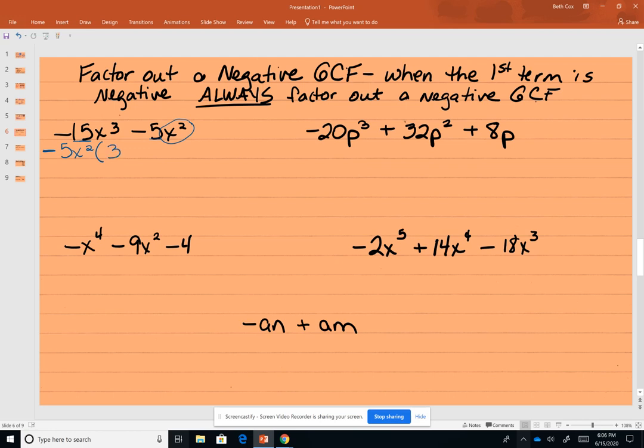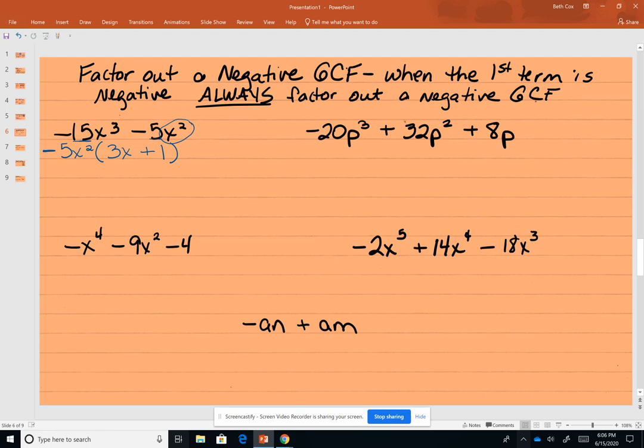So this is going to be a positive 3x. We had 3 x's, we take out 2, we're left with 1. A negative divided by negative is a positive. 5 divided by 5 is 1. And that's that one. That's the GCF for that one. Let's go to the next one.